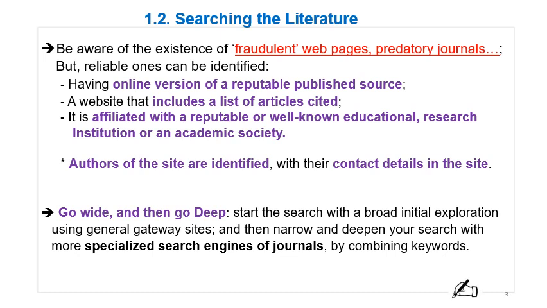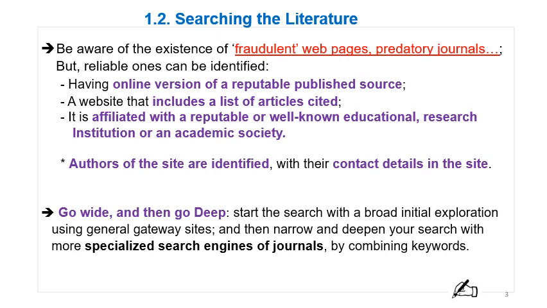So if a journal website or a publisher's website does not show articles published by those journals, but not cited by other scientists or researchers, we can doubt the quality of that web page or journal.